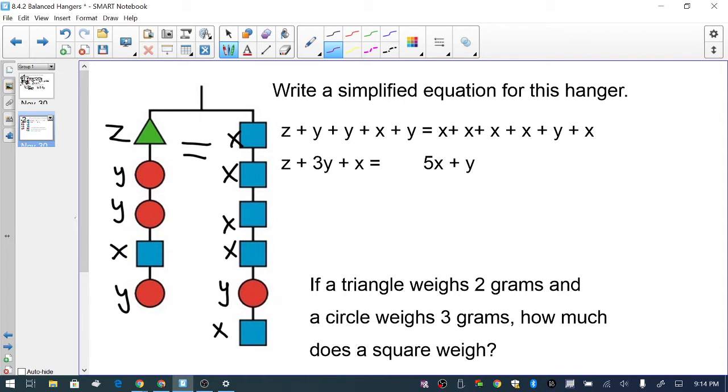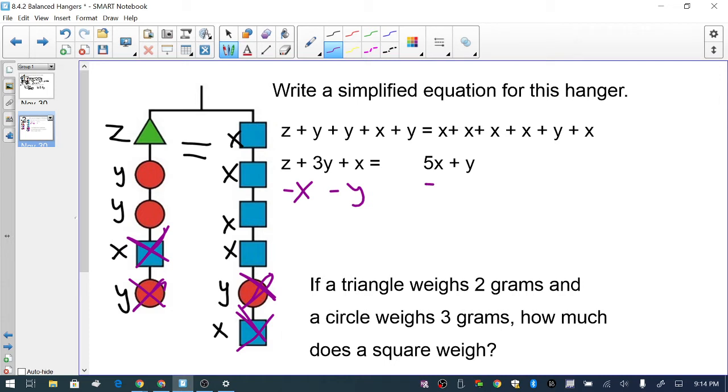So I see that we can subtract a circle from each side and the hanger stays in balance. We can subtract a square from each side and the hanger stays in balance. Well, we need to do that with our equation too. So on the left side, we subtracted an x and we subtracted a y.